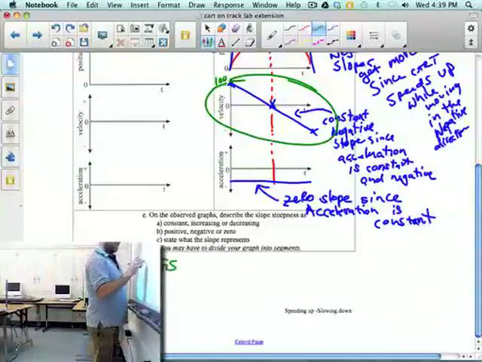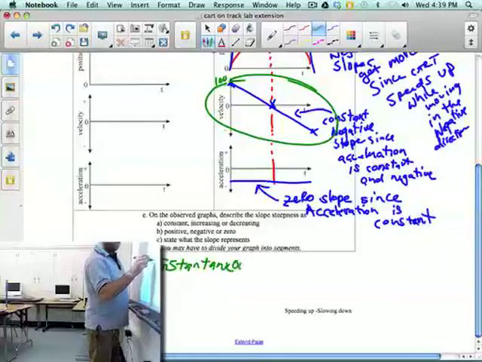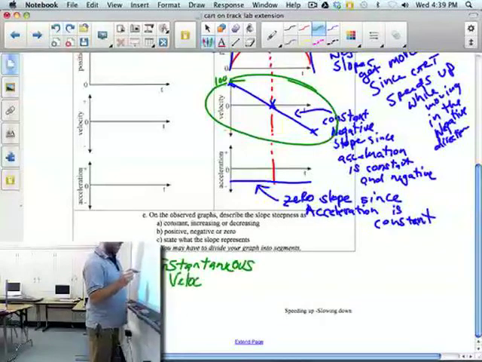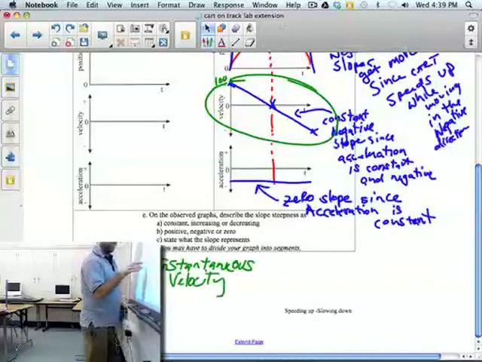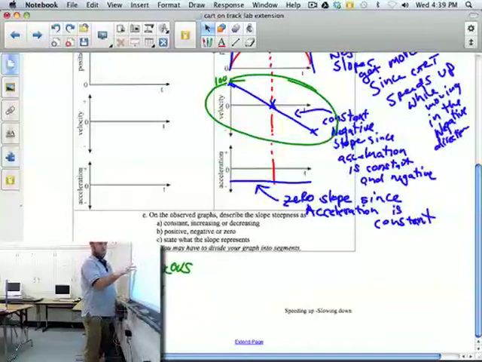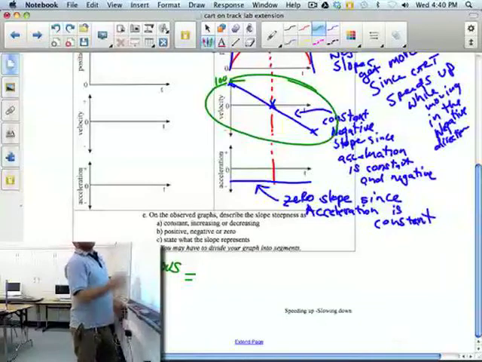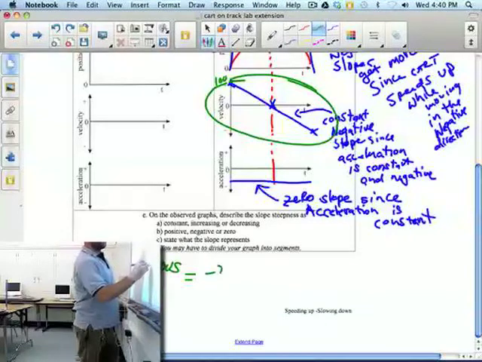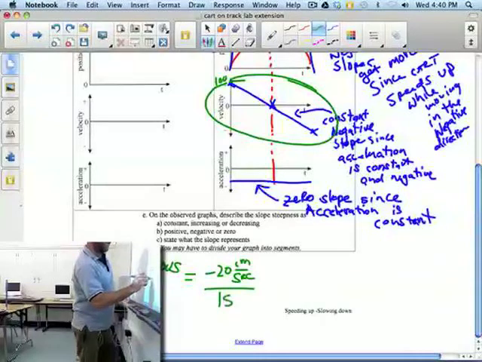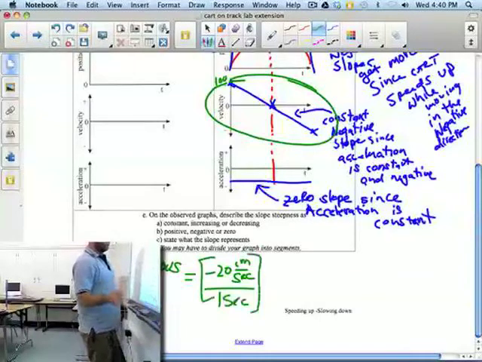Instantaneous velocity is equal to, that's a negative slope, so negative 20 centimeters per second per 1 second times time.